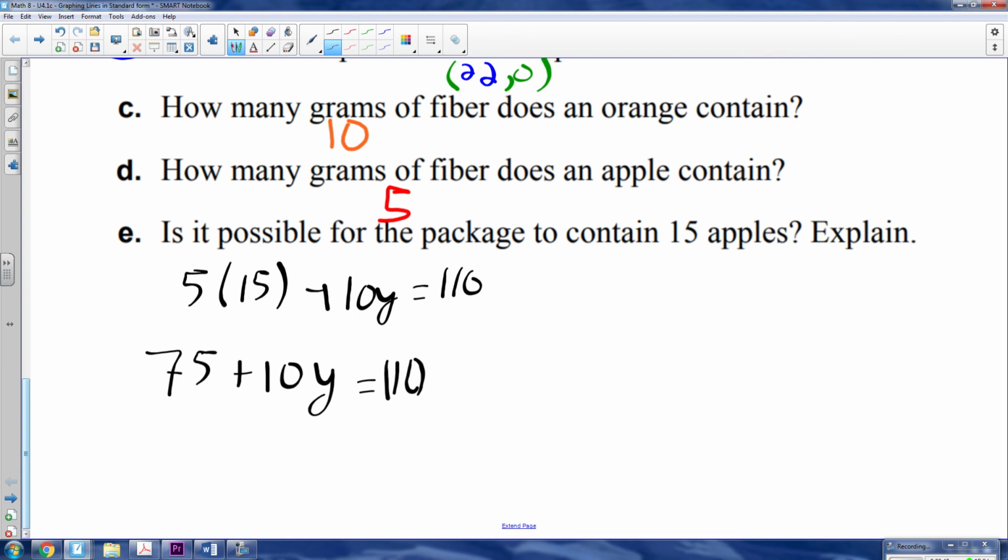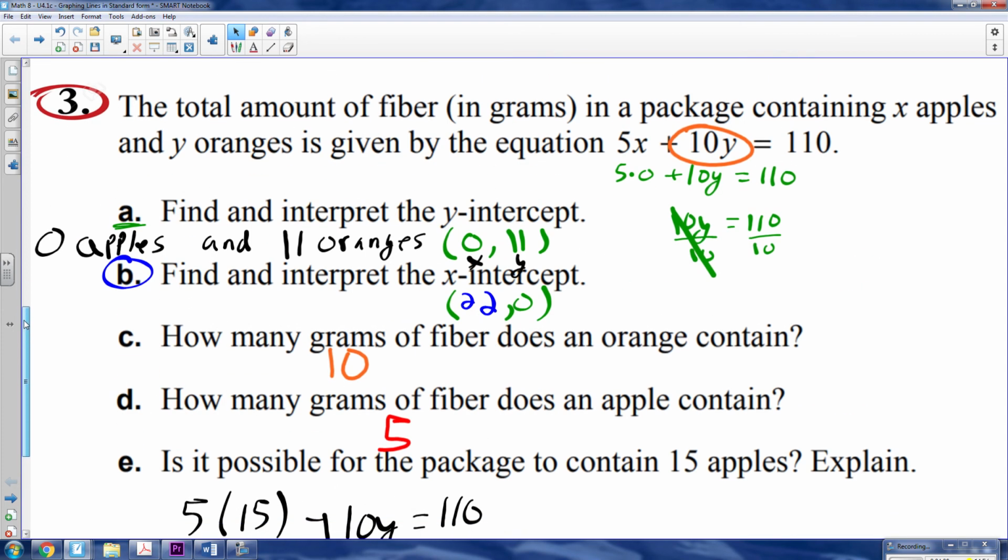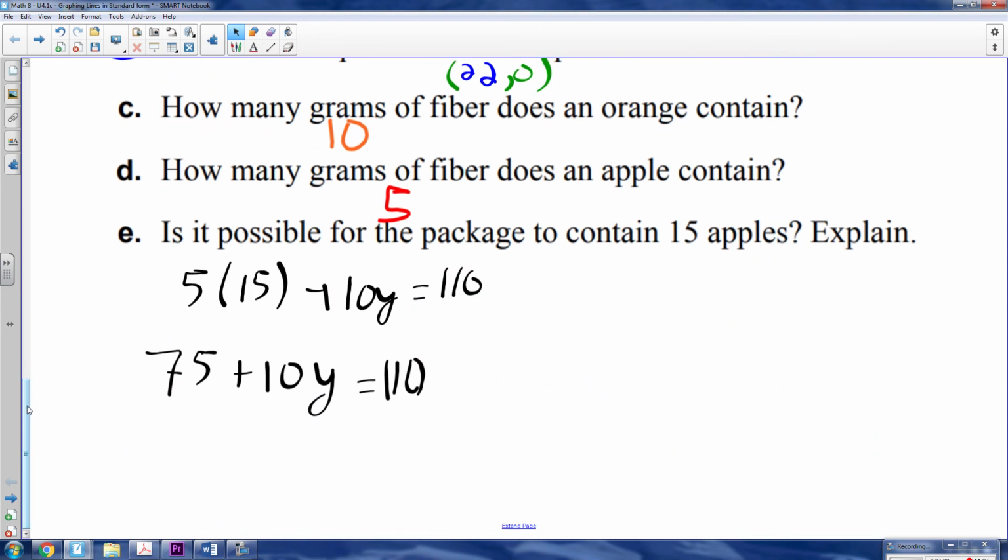So because of that, I would say there's still room to get to our 110 grams of fiber on this equation. Does that make sense? So I would say the answer is the package could contain 15 apples, because that'd be 75 grams of fiber, and we can go up to 110, right? The package is going to contain 110 grams of fiber. So the answer is yes, it could happen.